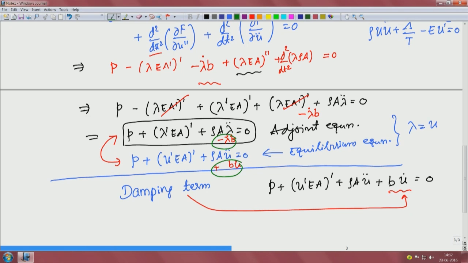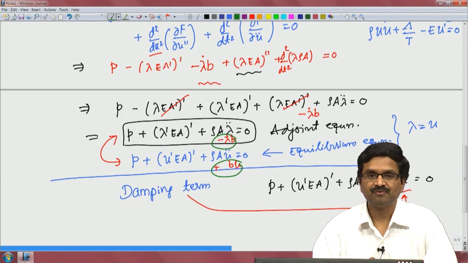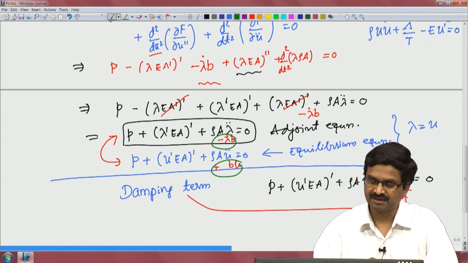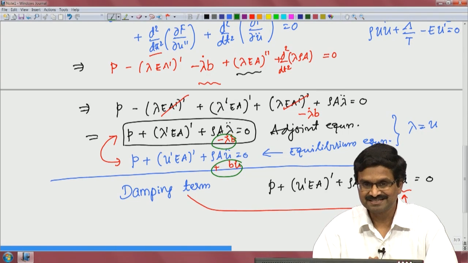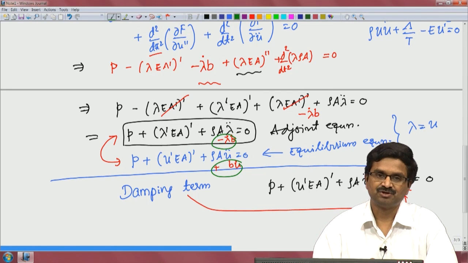So, adjoint equation and the equilibrium equations are not exactly the same, because the damping term which depends on u dot has a plus sign in the governing equation, whereas minus sign in the adjoint equation.